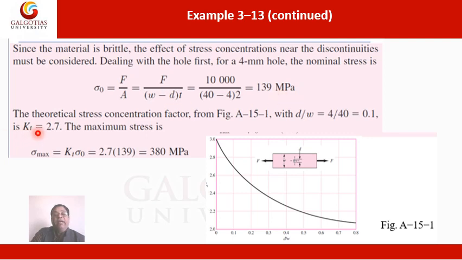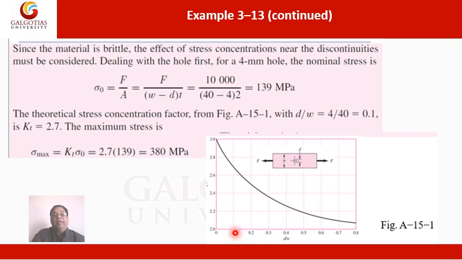The theoretical stress concentration factor can be determined with the help of this figure. Here you can see on the x-axis there is the ratio of diameter to width. The diameter of the hole is 4 mm and the width of the plate is 40, so this ratio is 0.1. On the x-axis in this graph you will mark 0.1.